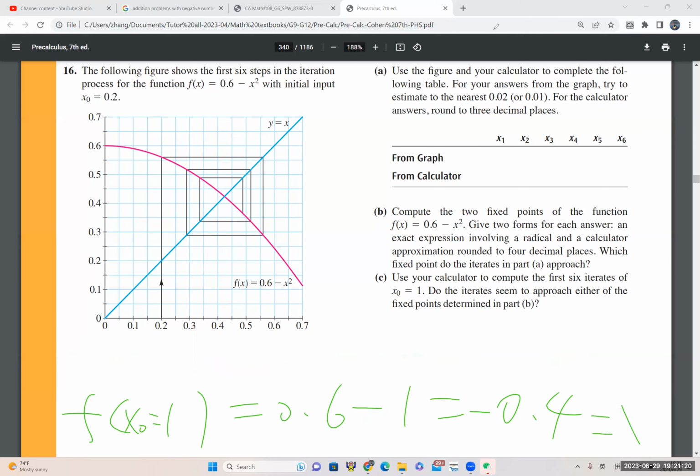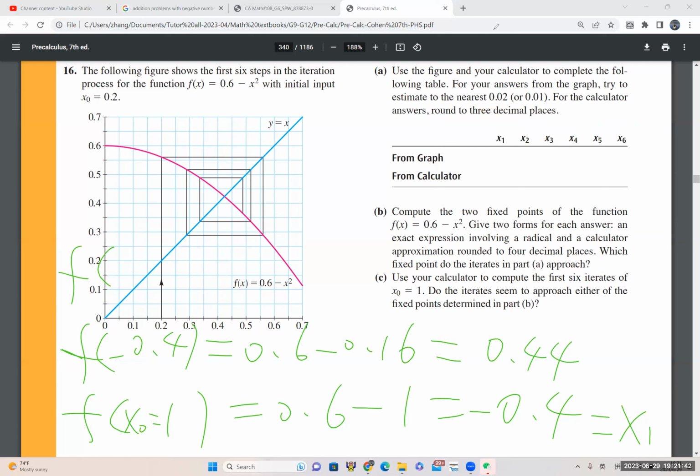When we get this, it means x1, right? Then take f of x1, just this. It goes to 0.6 minus something. Then take this as x2. Anyway, let's just do a little bit more.